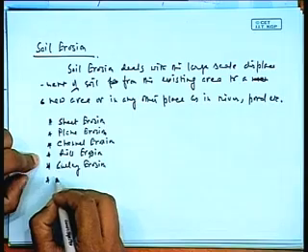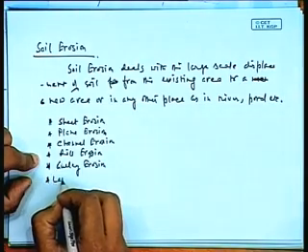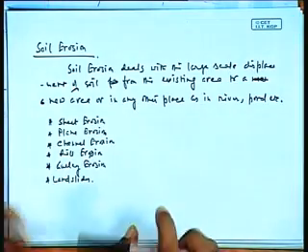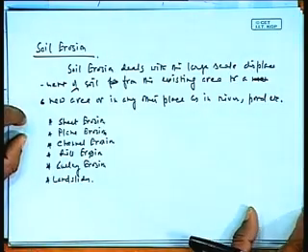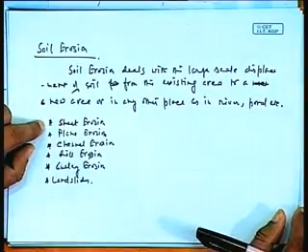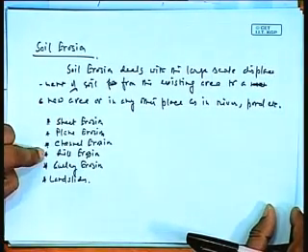So these are sheet erosion, plain erosion, channel erosion, rill erosion, gully, and landslides. Let me further explain on this.